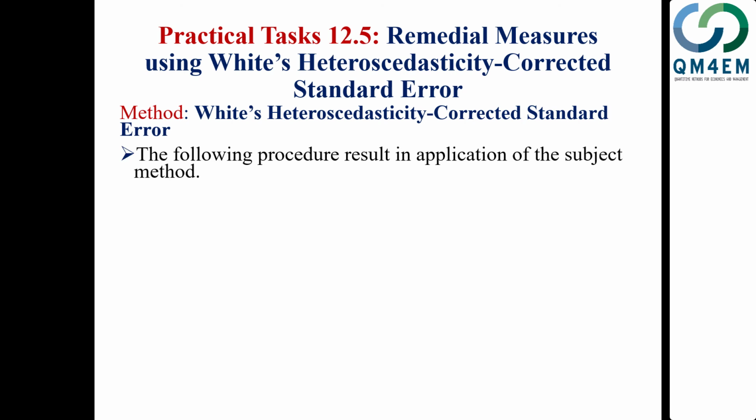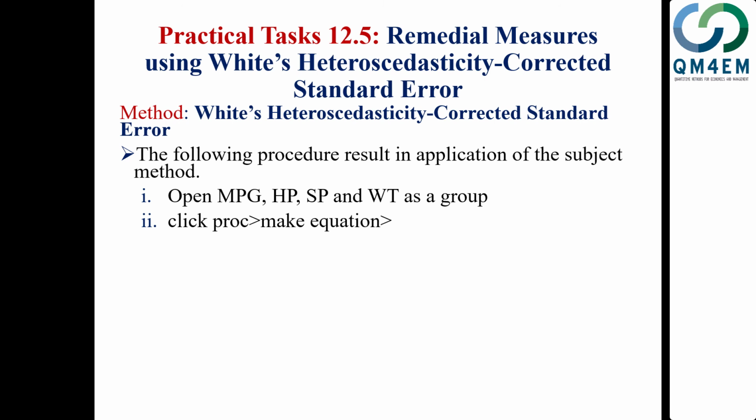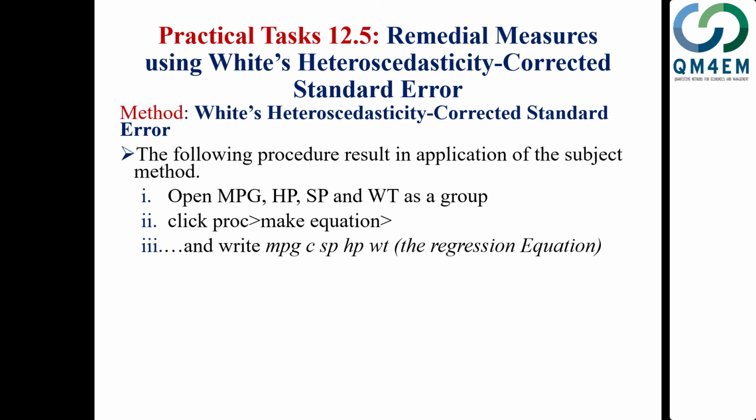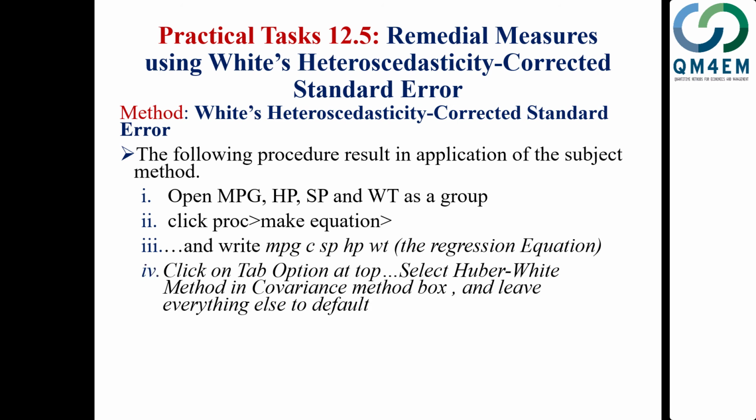First of all, you have to open these three variables, the explanatory variables along with the dependent variable, as a group. Then you click on Proc, Make Equation, as per the standard procedure you follow. But this time, once you have written the equation, before clicking OK, you go to the Options tab at the top and select the Huber-White method in the covariance method box, leave everything else at default and press OK.